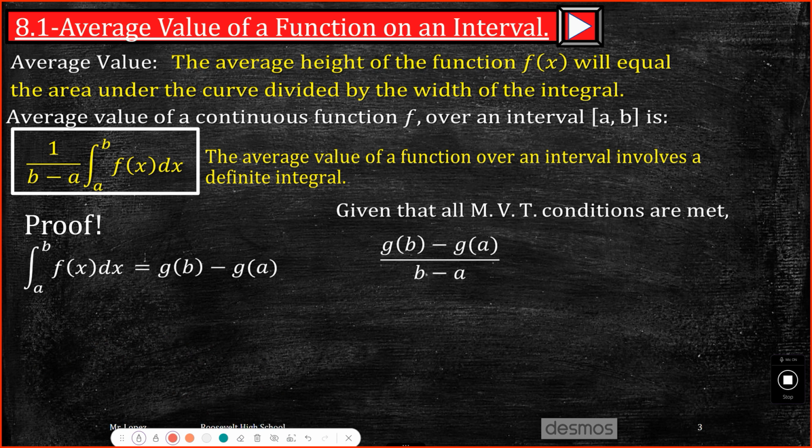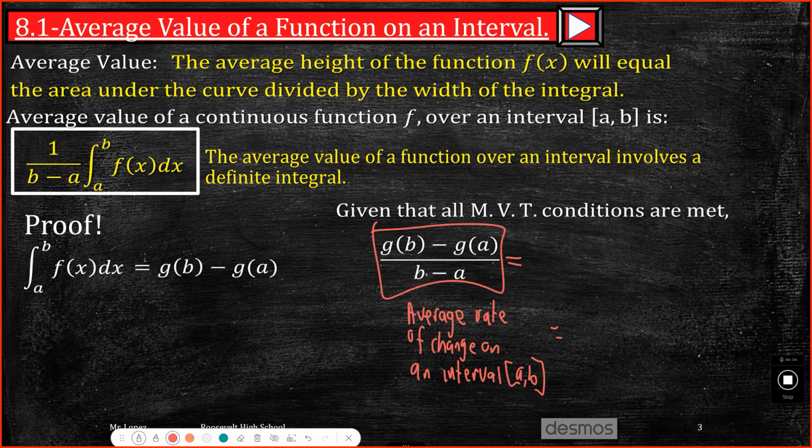The mean value theorem says that for some function, let's say G is some position function, it was something about the average rate of change on an interval from A to B. Who remembers what it was? What did I say was the mean value theorem?